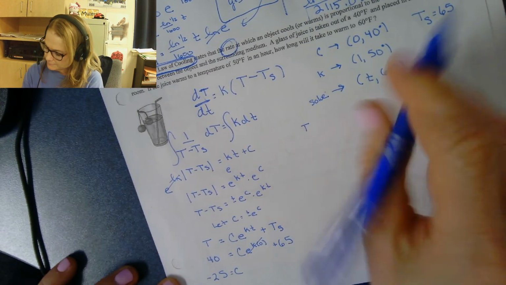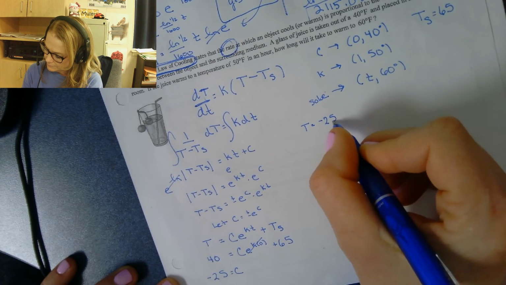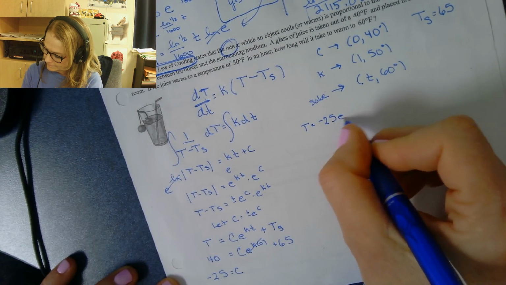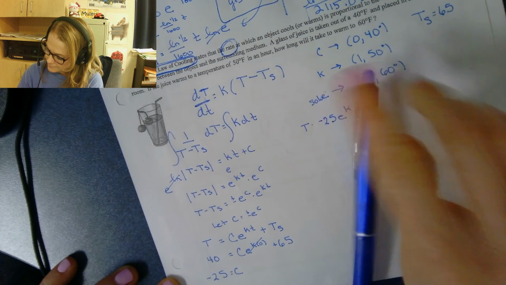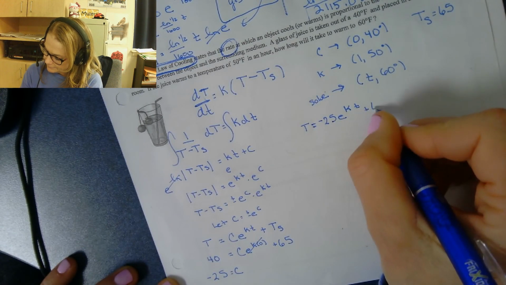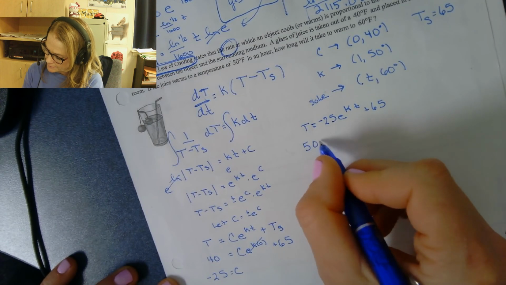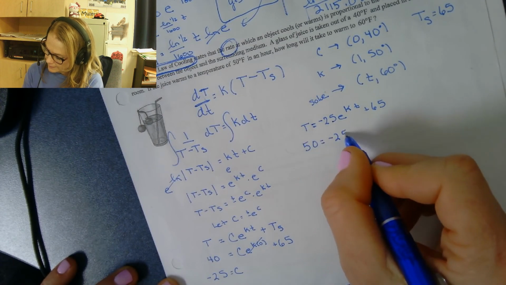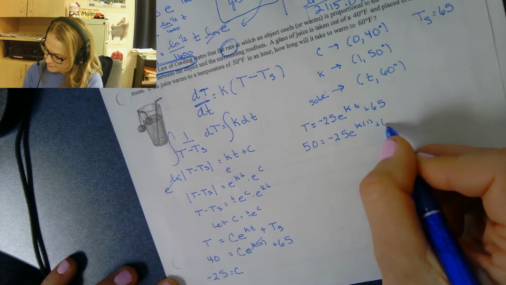T equals negative 25 e to the kt plus 65. All right, so let's use our second data point, 50 degrees: negative 25 e to the k times 1 plus 65.